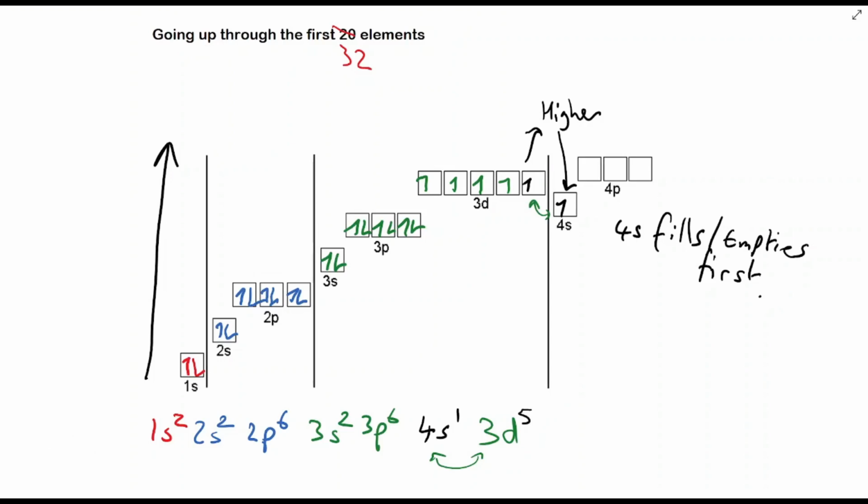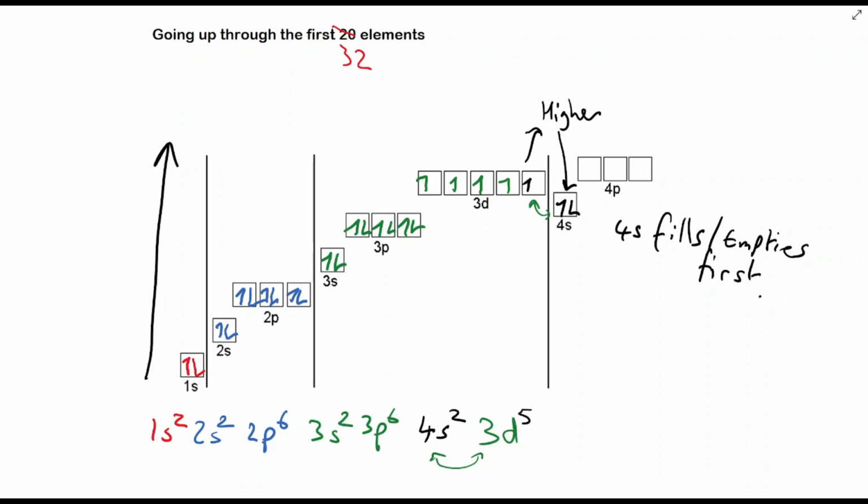We're going to come across to manganese, and manganese is going to repair these electrons, and it's going to change to 4s2, 3d5. So the 3d hasn't changed, we just paired up the 4s again.